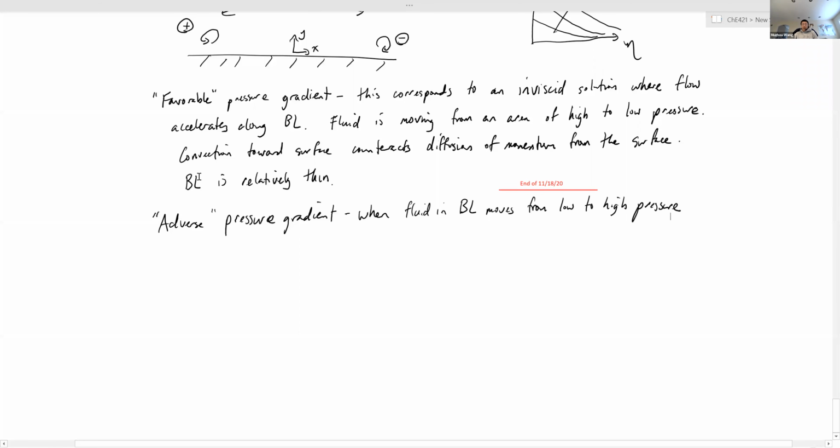Now the boundary layer becomes relatively thick. It becomes thicker than what one might expect. Okay. So what we have is basically the boundary layer gets thicker until it eventually separates.